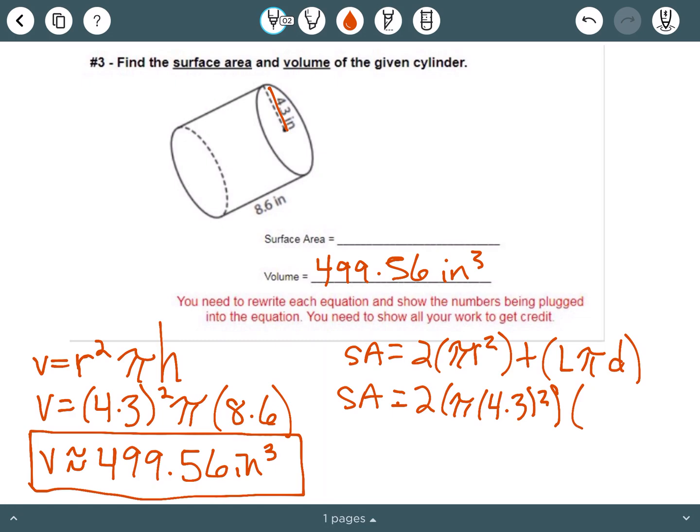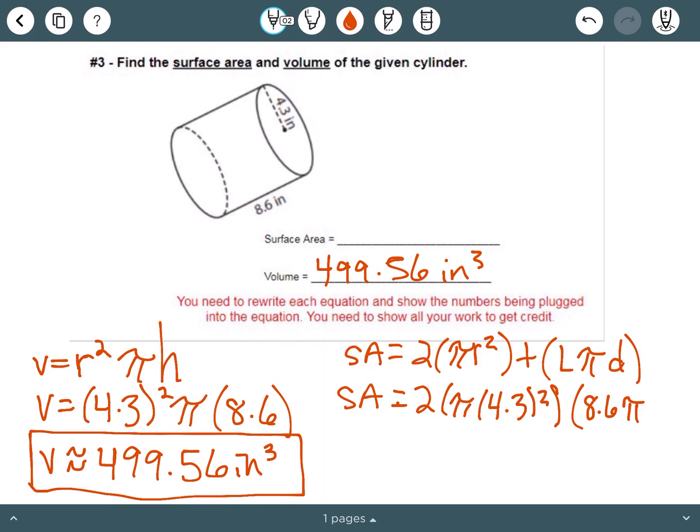And then we're going to have the length, which in this case is 8.6, times pi times the diameter. Well, hold up. They gave us the radius. They didn't give us the diameter. So what are we going to do? Oh, we can't do it. No, we can do it. You just have to know how radius and diameter work.